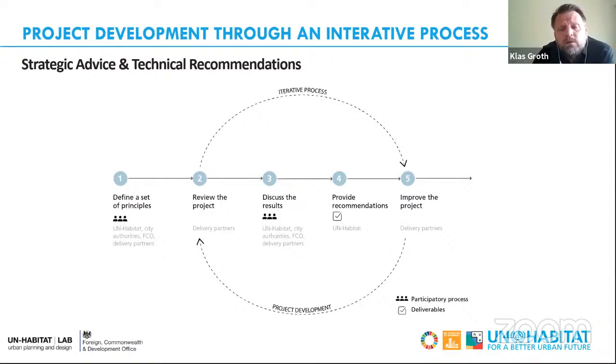And based on this, the tool is applied a number of times throughout the project cycle. And hereby there is a continuous assessment and understanding of how the project's development contributes to the SDGs.